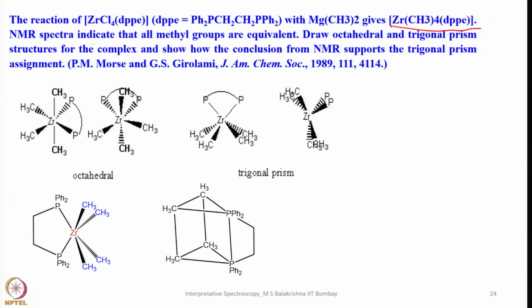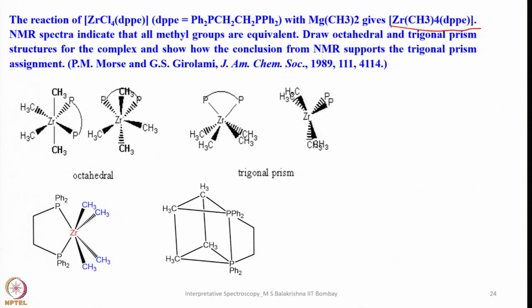NMR spectra indicate that all methyl groups are equivalent. Draw octahedral and trigonal prism structures for the complex and show how the conclusion from NMR supports the trigonal prism assignment. This is very simple, and it shows that this compound with coordination number 6 can have both octahedral geometry and trigonal prismatic geometry.